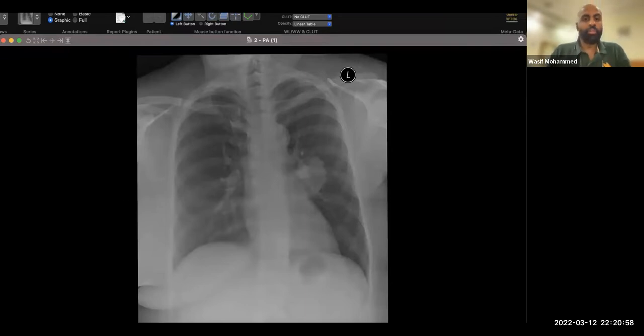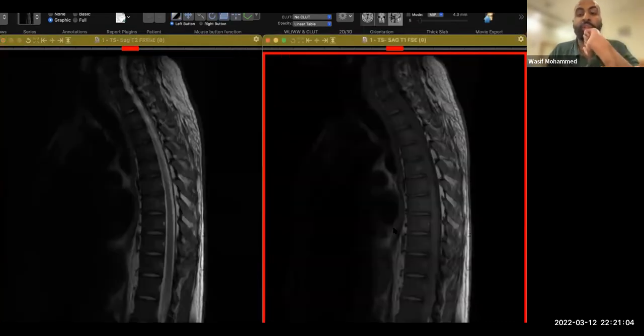So this can be a tricky film if you have not seen it before, or even if you have seen it. The intervertebral disc signal intensity on T1 should always be lower than that of the adjacent vertebra. So you have fat in the vertebra, and you have fluid in the intervertebral disc. So fluid should be lower than fat.